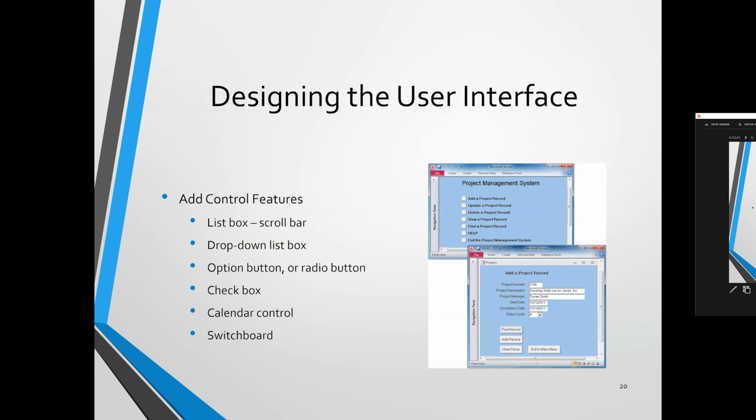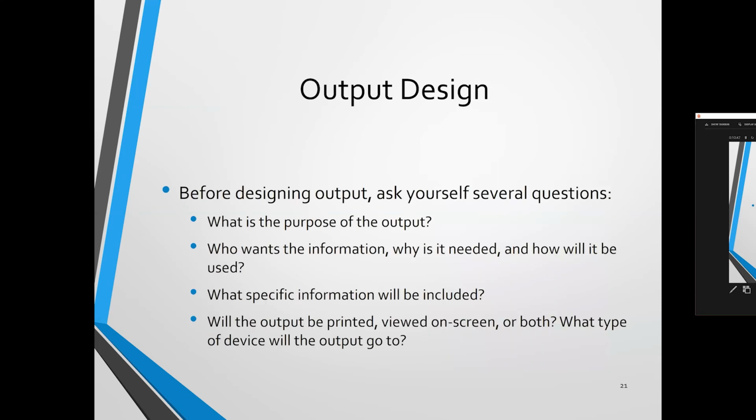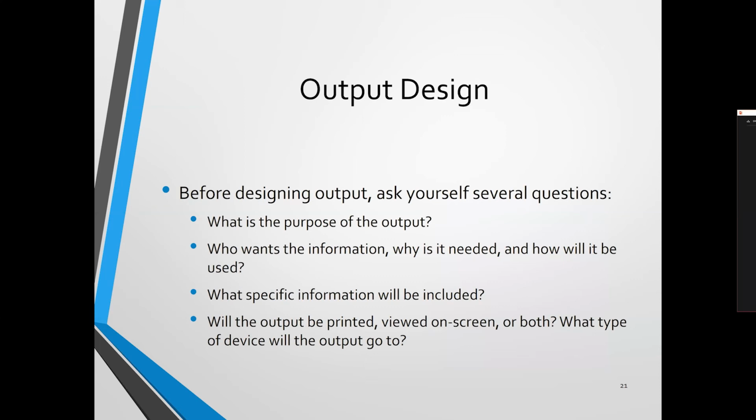After we talk about the user interface, the next thing we have to know is about the output design. Before you design the output, you have to ask yourself these questions. For example, the first one: what is the purpose of this output?